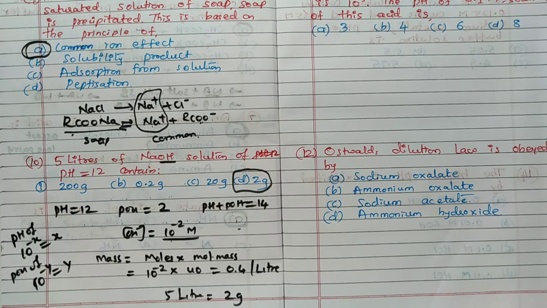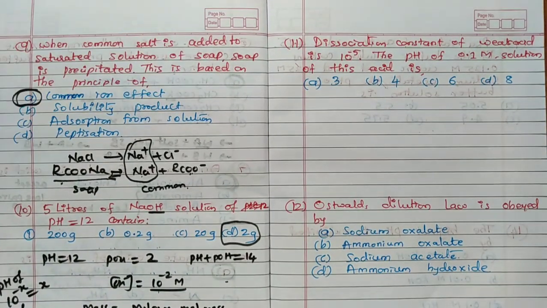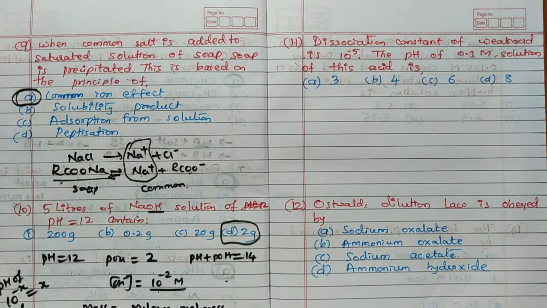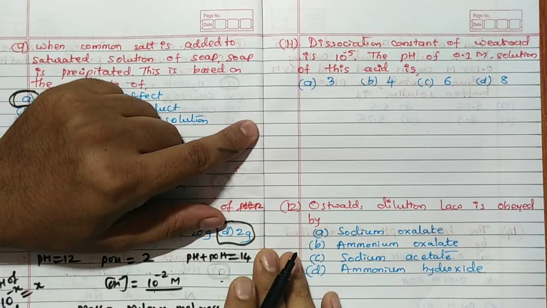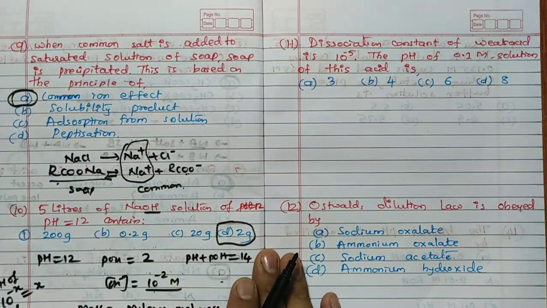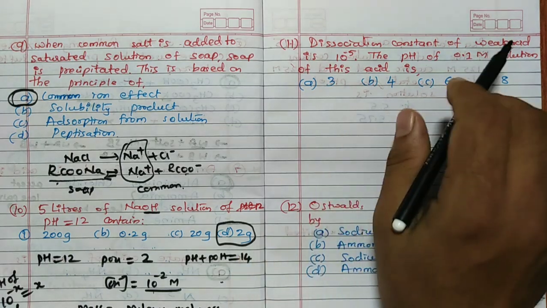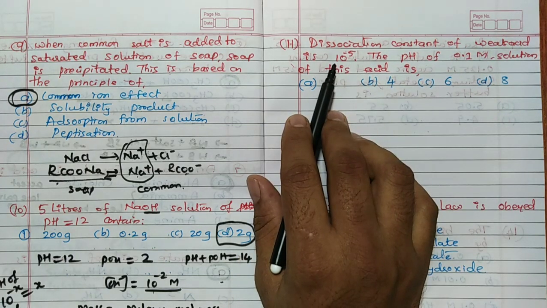2 gram. Remember this. Now, the dissociation constant of a weak acid is 10 to the power minus 5. The pH of the 0.1 M solution of this acid, they are asking. See, dissociation constant is given as 10 to the power minus 5. Correct? So in this particular case, it is actually not dissociation constant, it should be degree of dissociation, because we will not get the dissociation constant as 10 to the power minus 5.